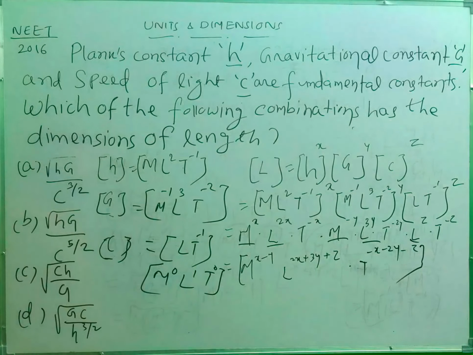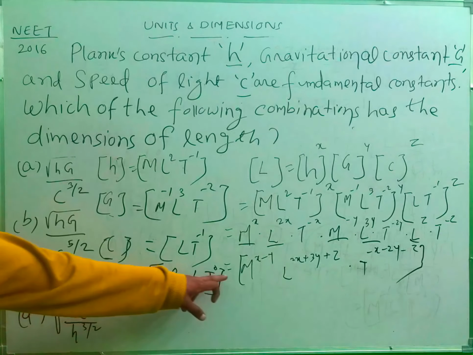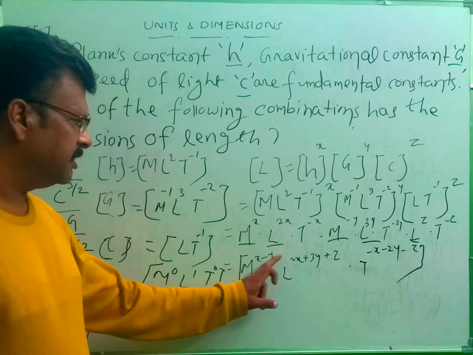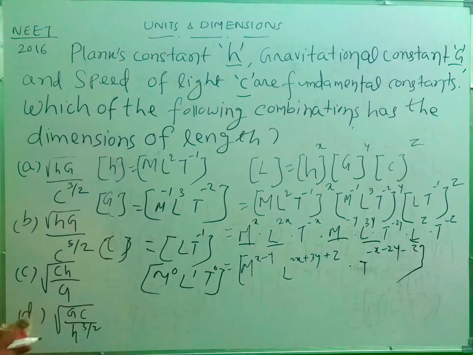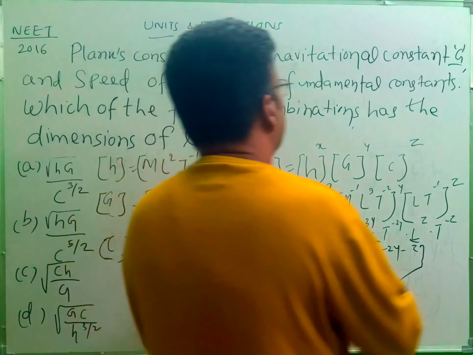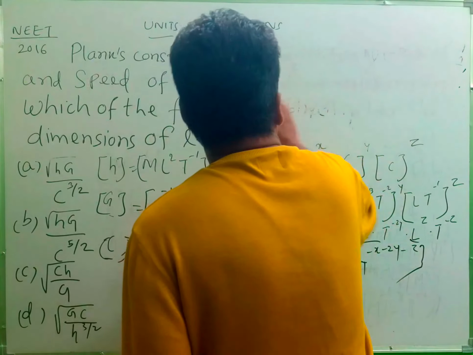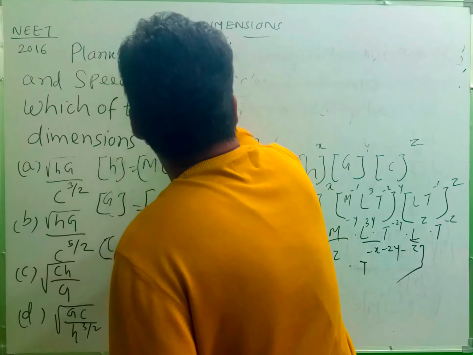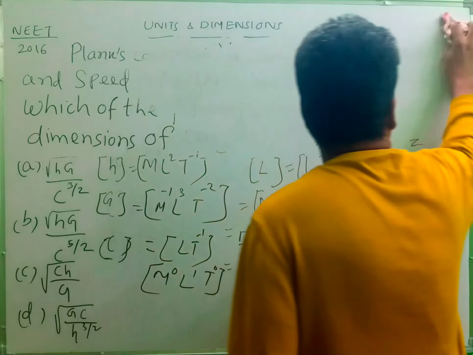So, from the principle of homogeneity of dimensions, we know the exponents of M, L and T on the left hand side of the equation must be equal to the exponents of M, L and T on the right hand side. So, equating the exponents, we get, students, let us write the equations here, and we will solve it to find out the value of x, y, z.